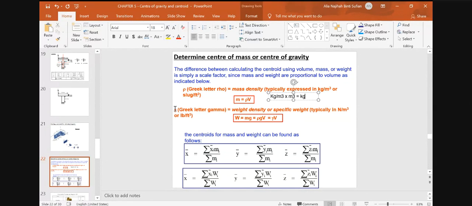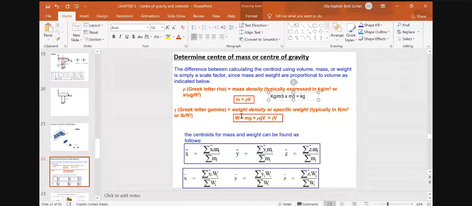Gamma, okay, this symbol here is gamma. It represents the weight density. M represents the mass, rho represents the mass density, gamma represents the weight density. You need to know this because when you deal with concrete, you always deal with mass density. But if you, let's say, want to design a water tank, you have to consider the weight density, gamma.